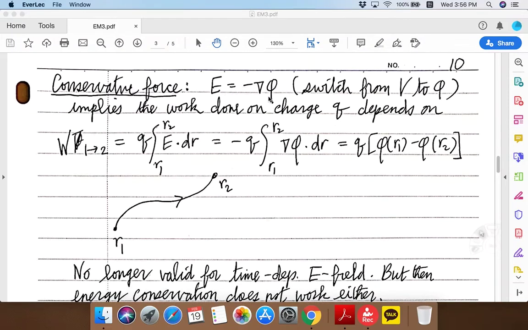And using this property, one can easily show that if some charged particle whose charge is q moves through space from position r1 to position r2, then the work done by the electric field on this particle as it moves from r1 to r2 depends entirely on the values of the electrostatic potential at these two endpoints.